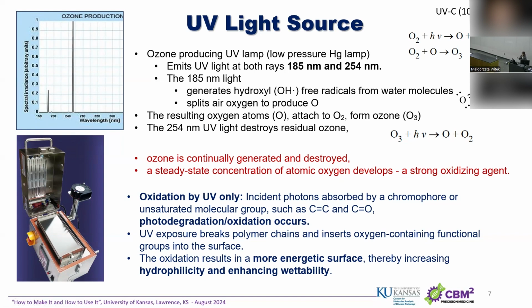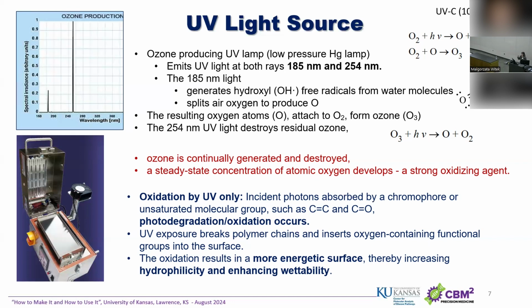You can read about the mechanism, but basically, ozone is produced by the 185 nanometer light, but it's destroyed by 254. So there's this constant reaction, with OH radicals and atomic oxygen present. And the generation of those active molecules basically oxidizes the surface of the thermoplastic.